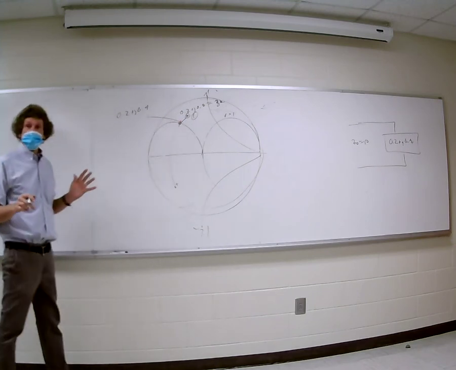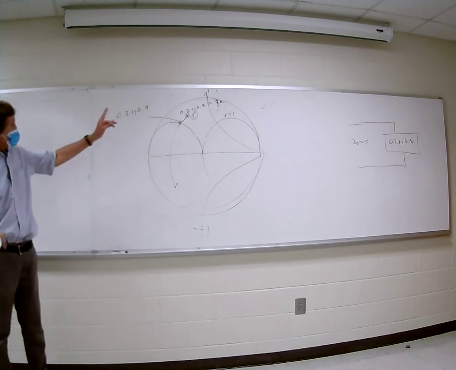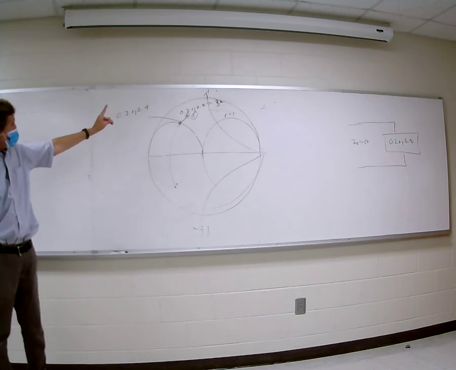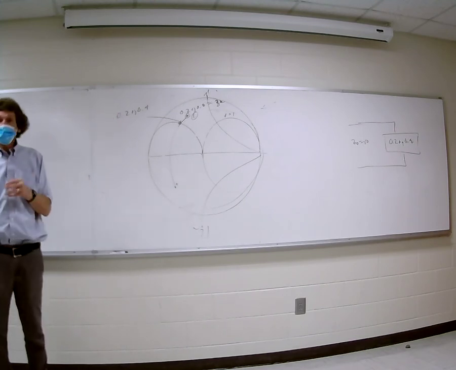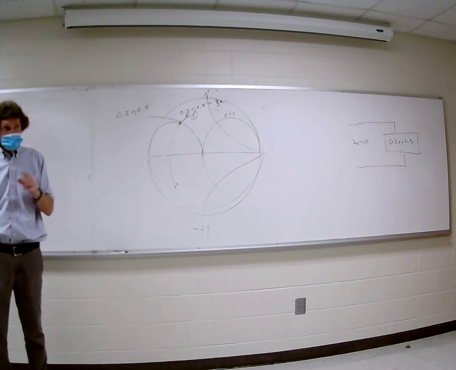How many see that? Right? We were at J0.8, this is impedance, right? We want to go to J0.4, what do we do? Subtract J0.4, right? That would be an impedance. Do you all agree with that?